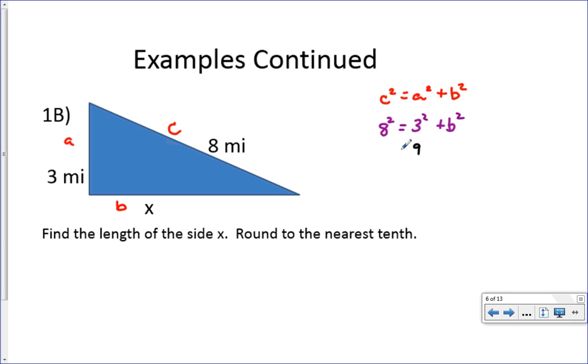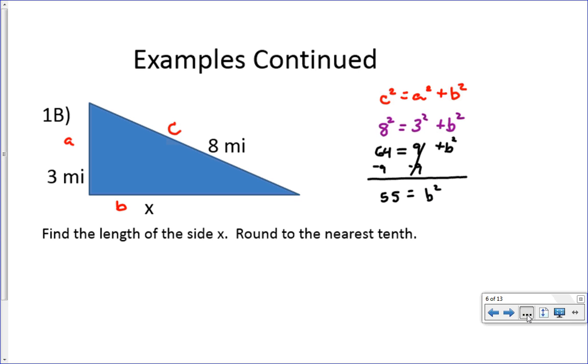So it's actually going to be 64 is equal to 9 plus b squared. And I want to subtract 9 on both sides. If I do that, then this cancels out, and now I have 55 is equal to b squared.